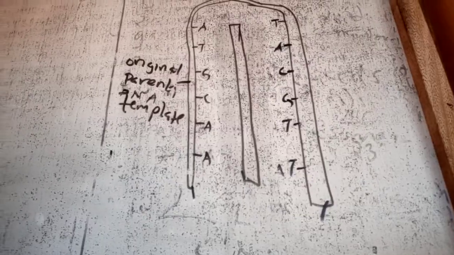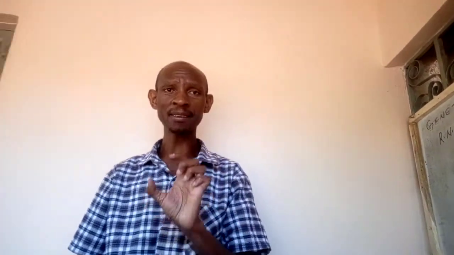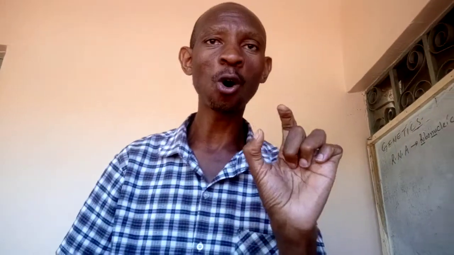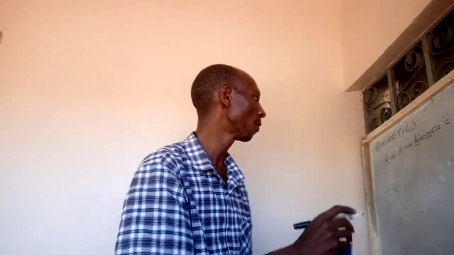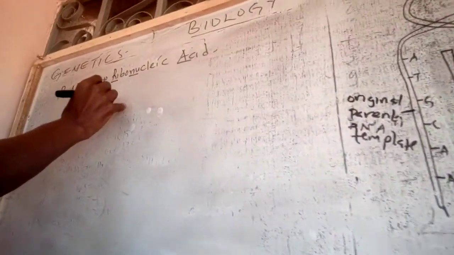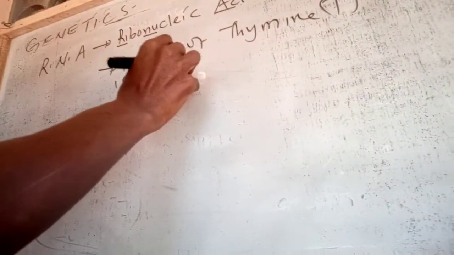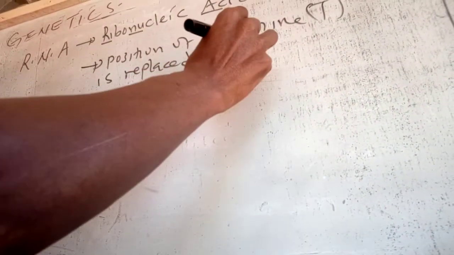And in the new strand, the position of thymine is replaced by another nitrogenous base called uracil. Therefore, in RNA, the position of thymine, that is T, is replaced by uracil.